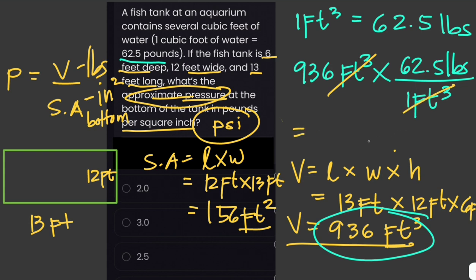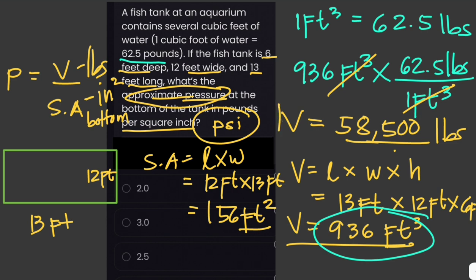We'll be left with the unit pounds. Alright, so we just have to multiply 936 and 62.5, and this would give us a volume that is equal to 58,500 pounds. So this is the value of the volume in pounds.